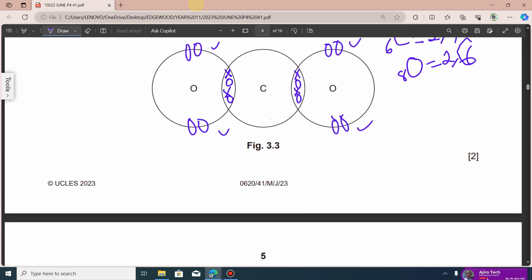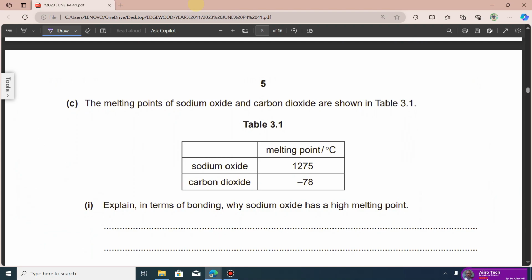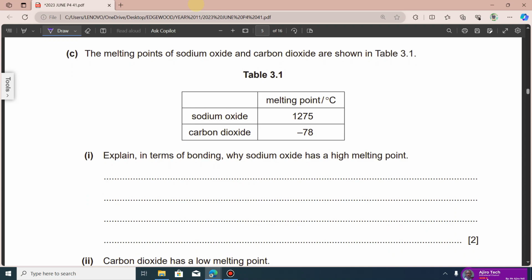Moving forward, the melting points of sodium oxide and carbon dioxide are shown in table 3.1. Explain in terms of bonding why sodium oxide has a high melting point. Looking at the table, sodium oxide has a very high melting point compared to carbon dioxide, and it has to do with the kind of bond. Sodium oxide is ionic, while carbon dioxide is covalent.